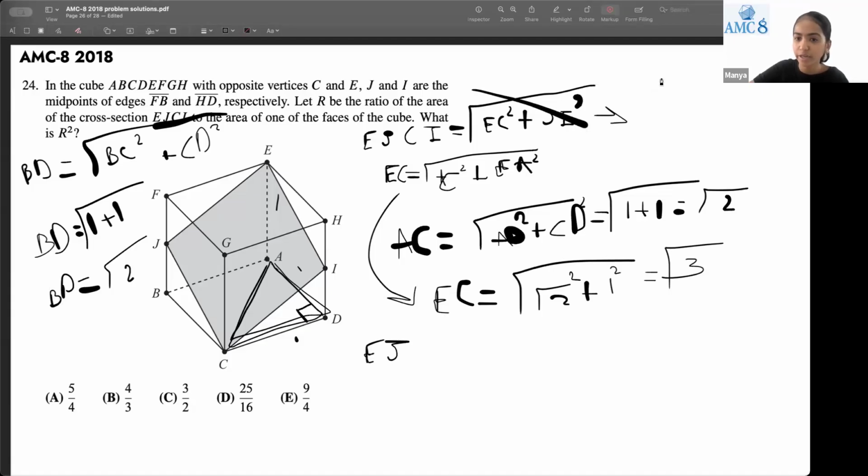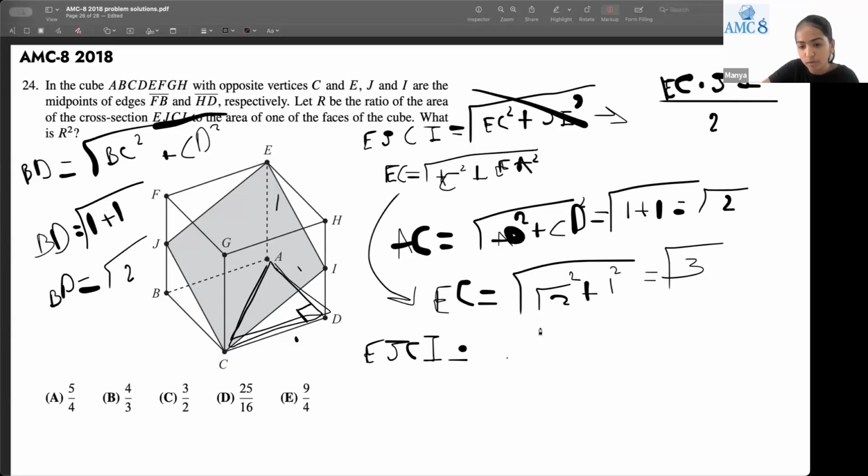So then the formula of the area would be equal to EC times JI by 2.